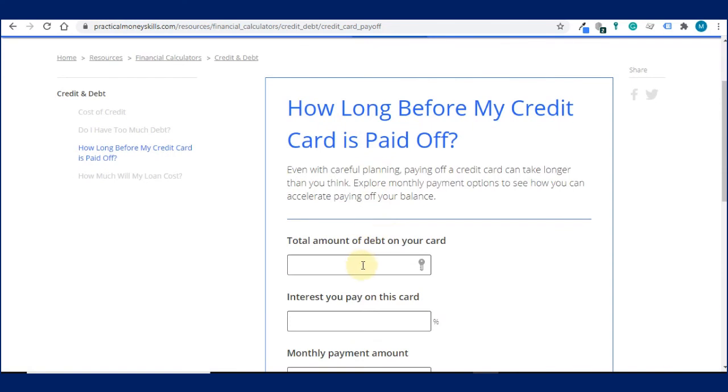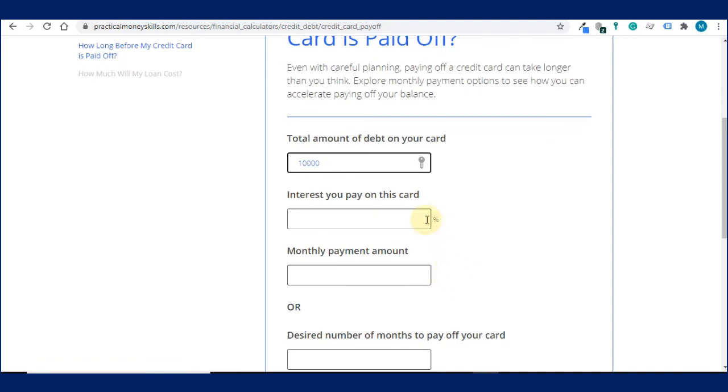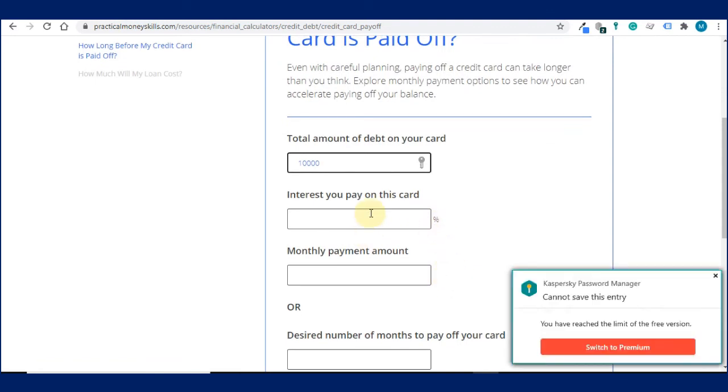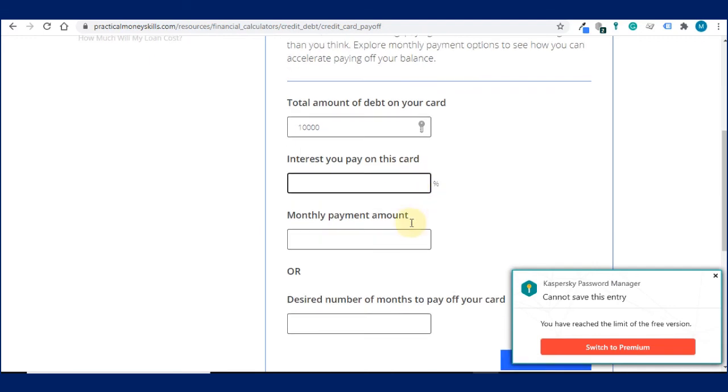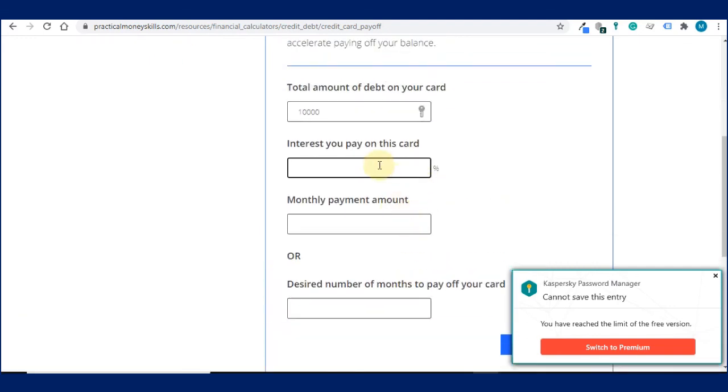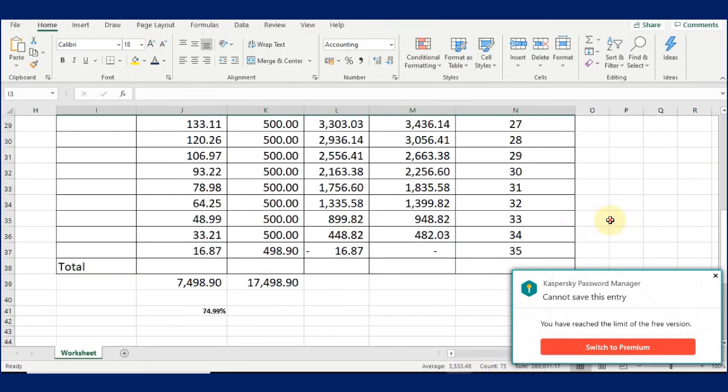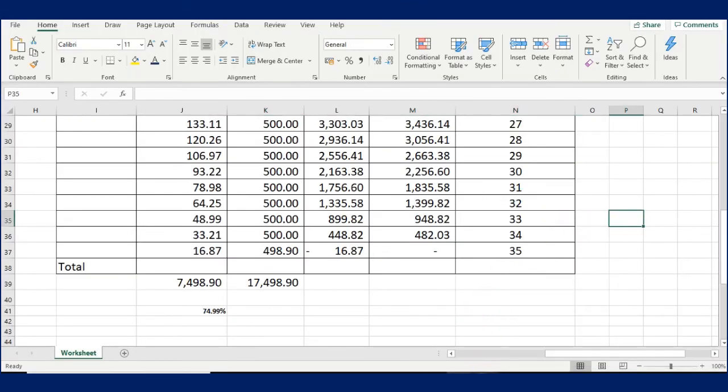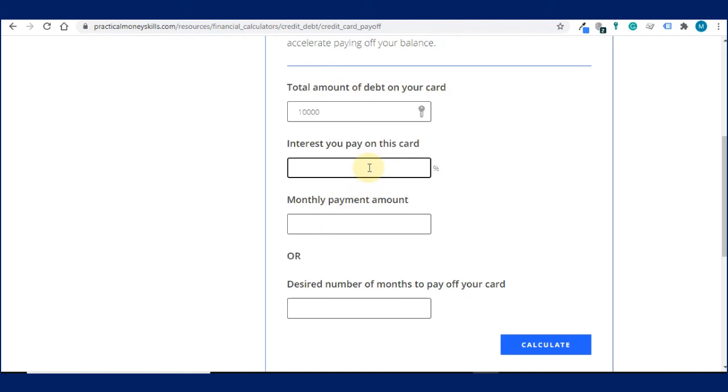So that one there. So for example, let's do that just to show you that what we did in our Excel is correct. 10,000. And then, interest you pay on this card, this is actually APR. So, since what we have was 3.5% per month, it's actually looking for the annual.